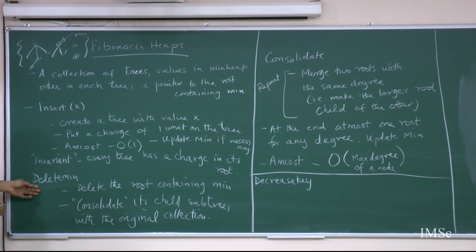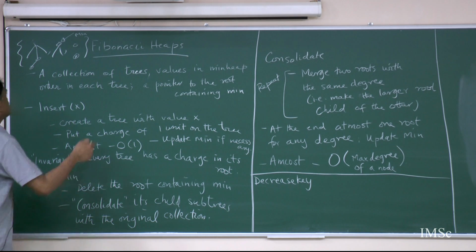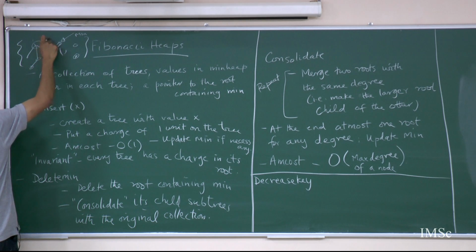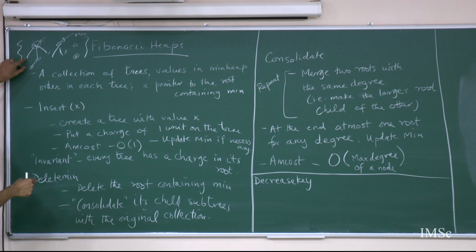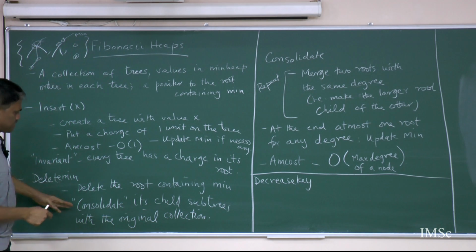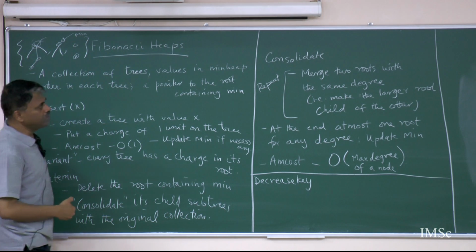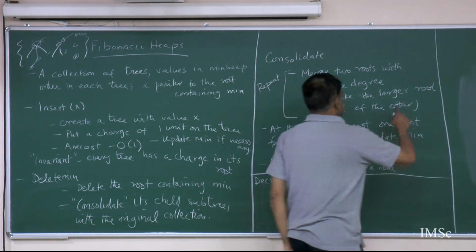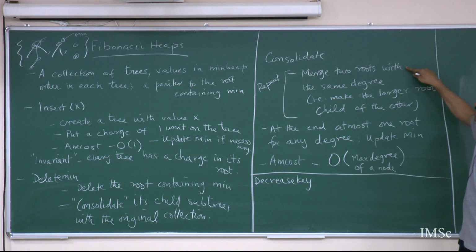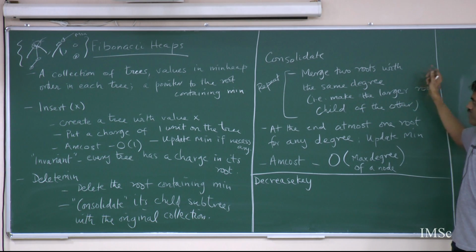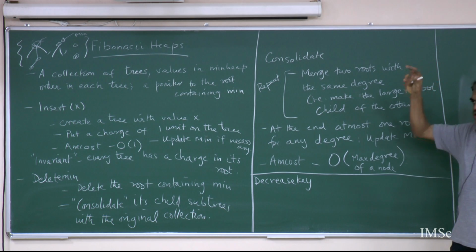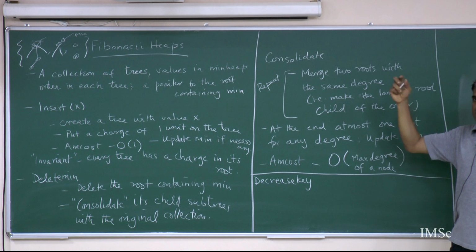Delete min operation will delete the root that contains the min. So maybe it's one of these nodes. It will delete it, and then it has all these subtrees. It will consolidate all these subtrees with the other trees in the collection. What does consolidate mean? I'm going to go through the trees and merge 2 roots with the same degree. So here is where all the postponed cleanup action is happening: whenever you have 2 trees where the roots are the same degree, I'm going to merge them.